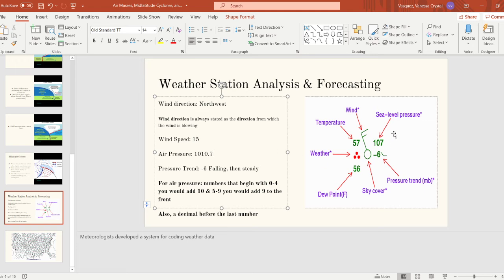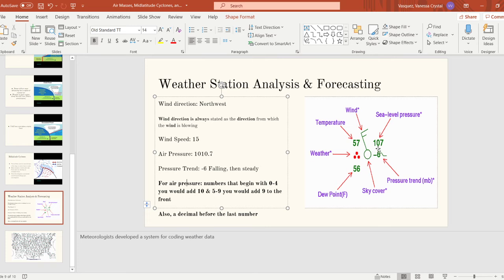And then I also want you to put the full form of the air pressure. For this weather data, it has the shortened form 107, but you'll be following this rule: numbers that begin with 0 to 4, you add 10, and 5 to 9, you add 9 to the front.